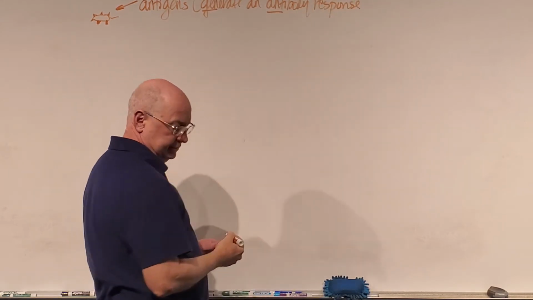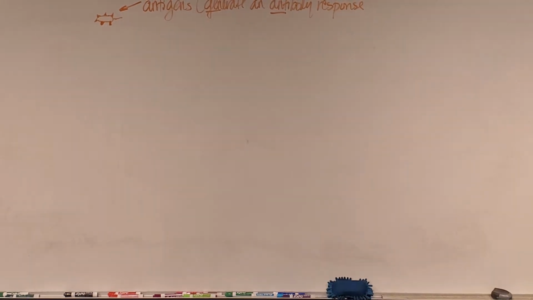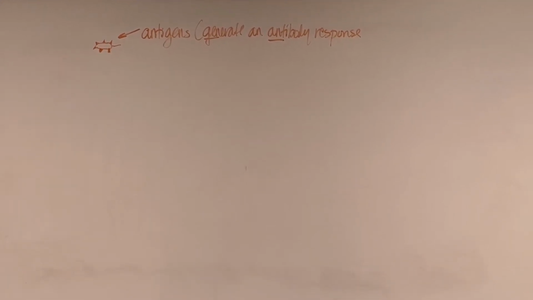That's the anti. Okay, they are antibody generating. So they're called antigens. Let me raise my screen just a hair. Okay. So now, we have a foreign cell with surface antigens.